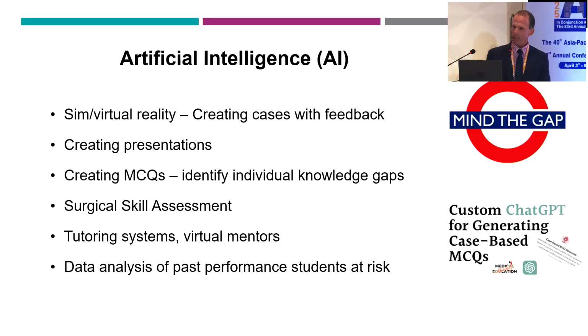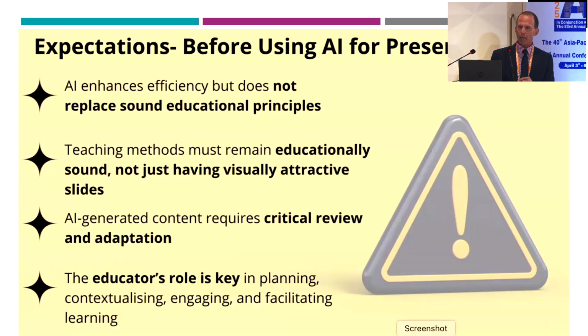I'm not going to cover tutoring systems, virtual mentors, or data analysis of past performance to see which students are at risk or where their gaps are, but it can do all of those things. Before using AI for anything, remember that it does not replace sound educational activities and principles.